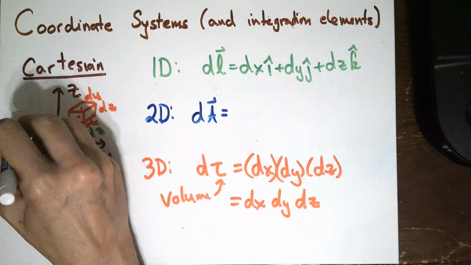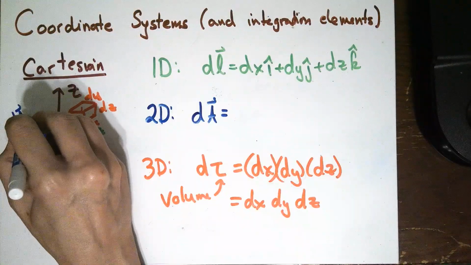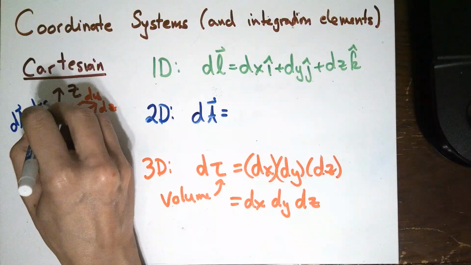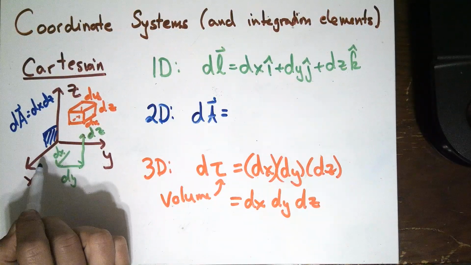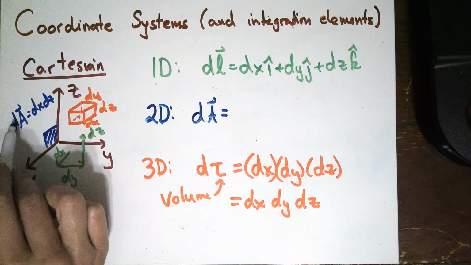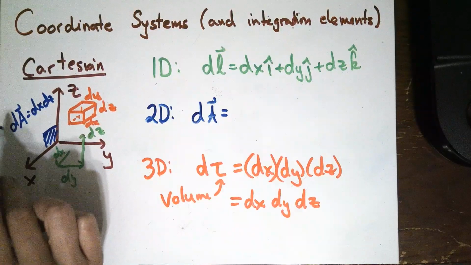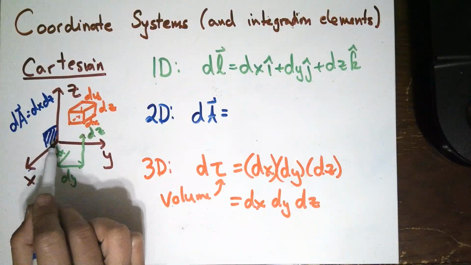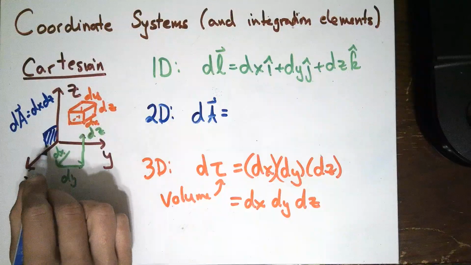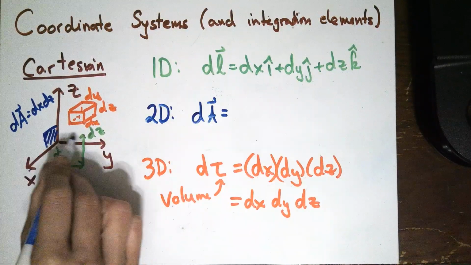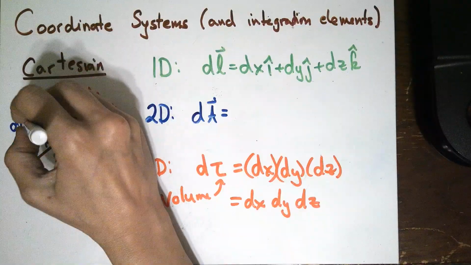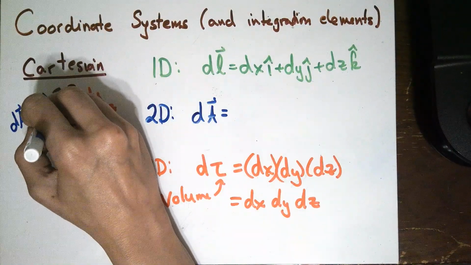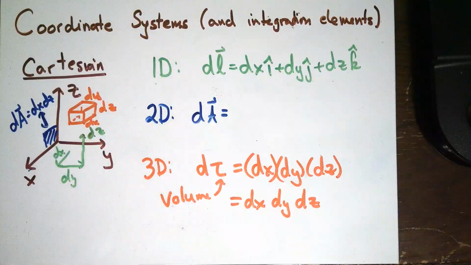In that case, this area element would be dx dz, because those are the 2 variables that I'm changing, and it also has a direction, and in this case the direction is always normal to the surface. So here, normal to the surface, that would be pointing out like this or back like that. In either case, that's the y direction. So the direction of this would be j hat.